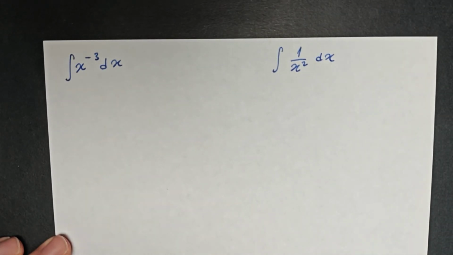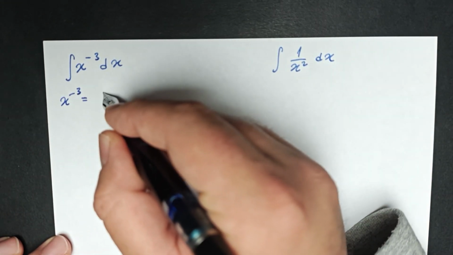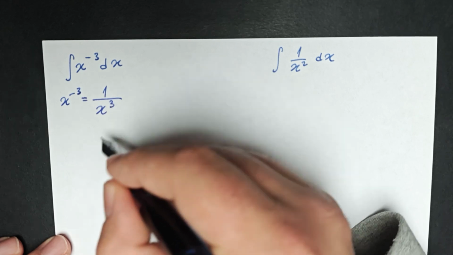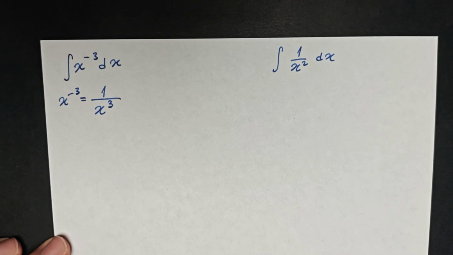Remember that the first thing that we have to do is to determine what is the area in which this integral is defined. So x to the power negative 3 is just 1 over x cubed. That is the algebra part that you have to know in order to do calculus. And as you can see, we have this x cubed in the denominator of a fraction.